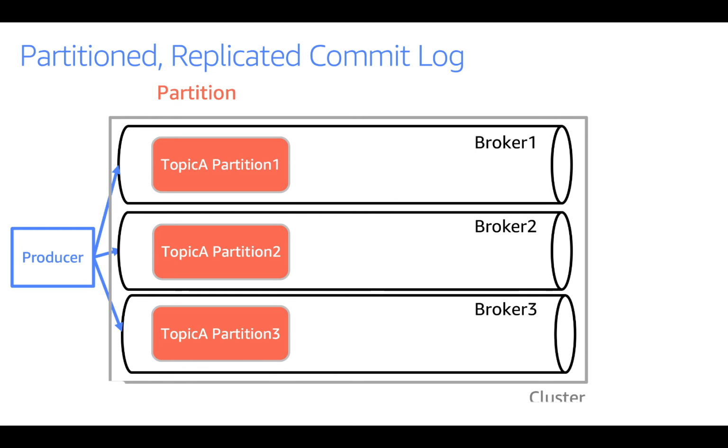Now, if you have a producer, the producer is either writing with a key, and then what happens is the key is used and it's hashed, and the hash of the key determines the partition where it's written to. And if you do it this way, it's very recommendable that you use a key like a session ID.